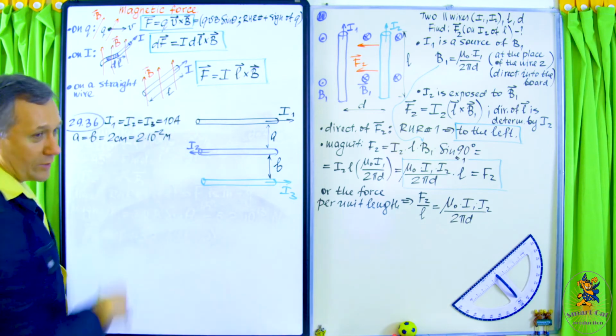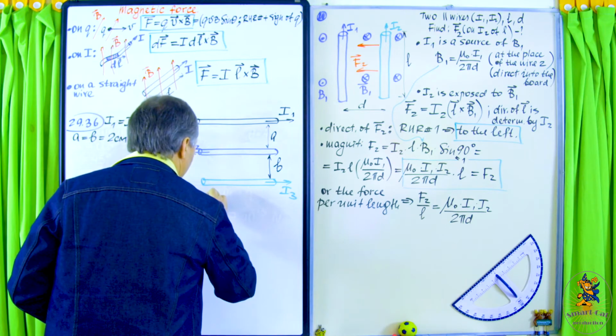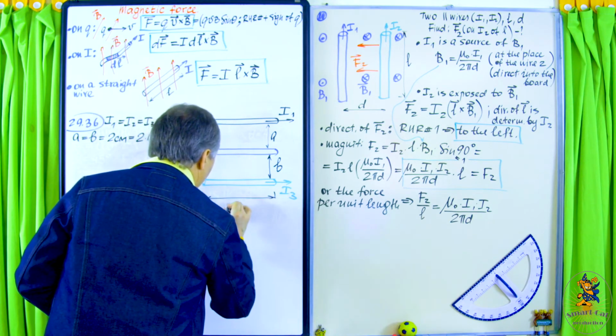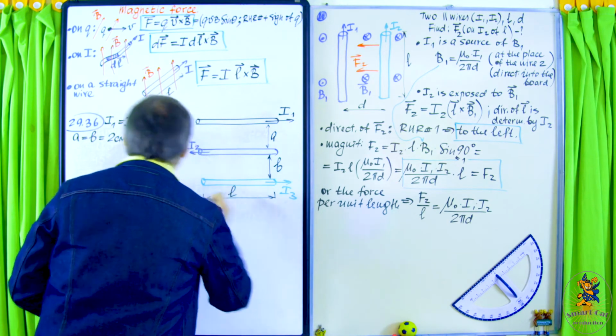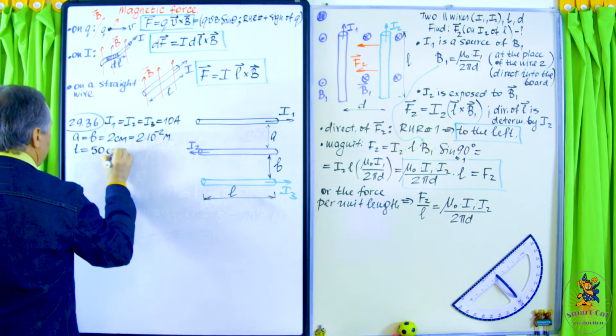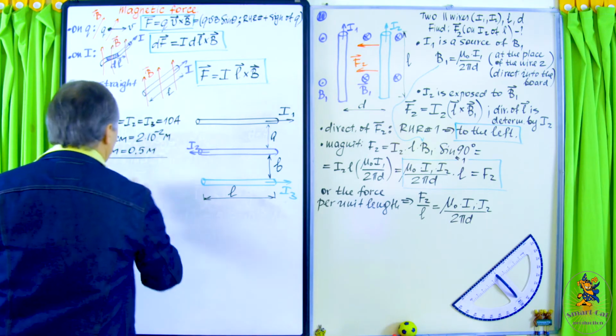That's why I started with that one. Of length L, so let me draw it here underneath. L is 50 centimeters, so 0.5 meters. Okay, so that's what is given.